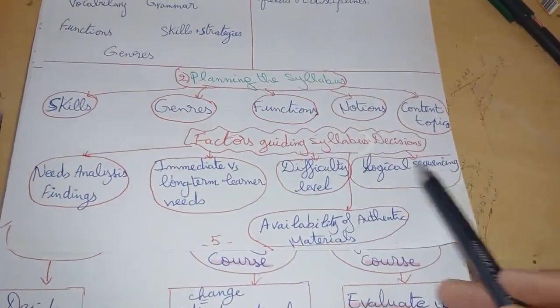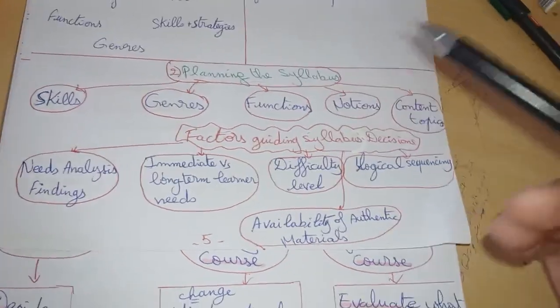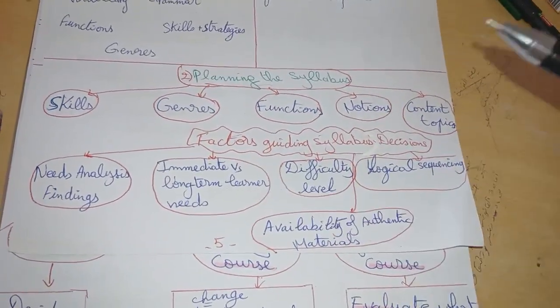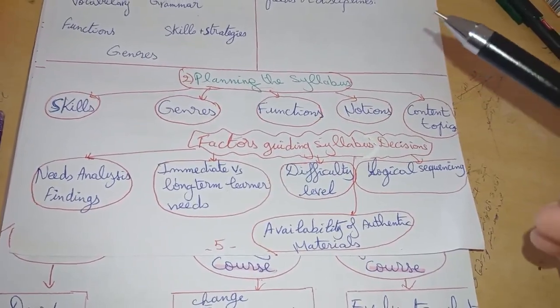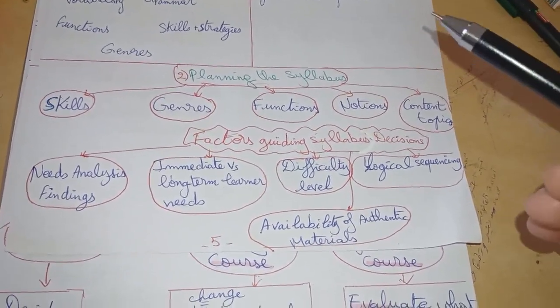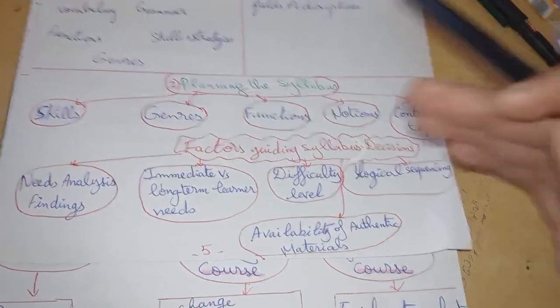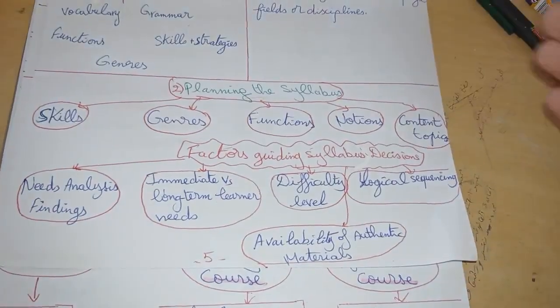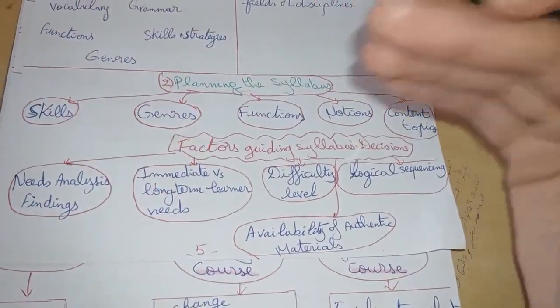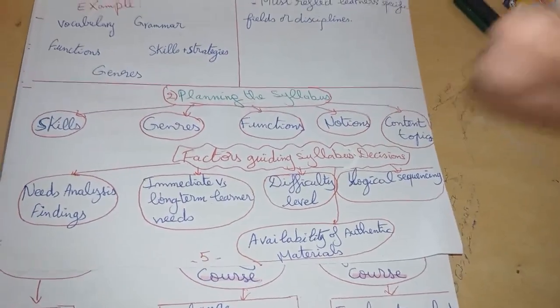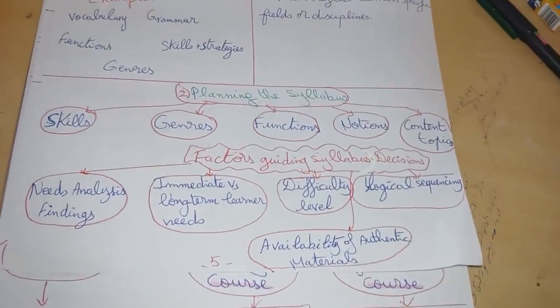Also we have logical sequencing. Logical sequencing means the sequence of the lessons according to logic. For example, I'm not going to give you a lesson from here, or the first lesson and then the last one. It must be sequenced logically, from 1, 2, 3, 4, 5, 6 until I finish the course.